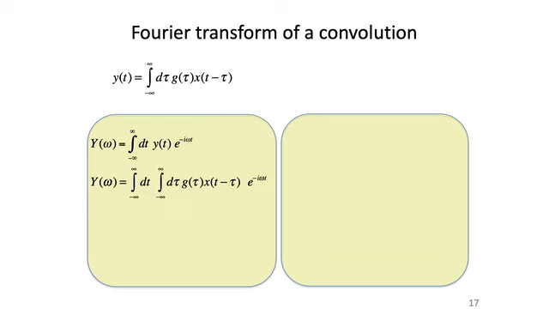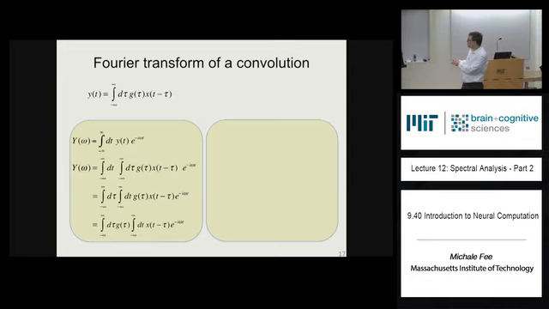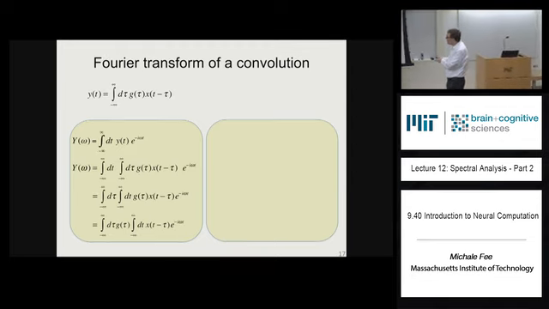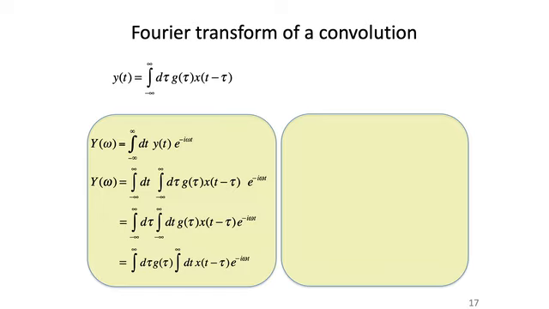Now, the first step is to reverse the order of integration. We're going to integrate over t first rather than tau. Then we can move the G outside the integral over t because it's just a function of tau, so we pull that out. Now we have an integral dt x of t minus tau e to the minus i omega t.